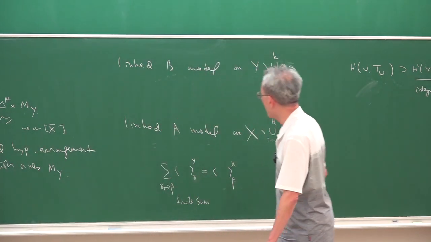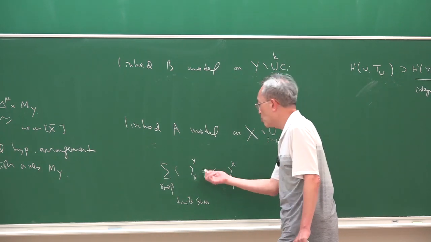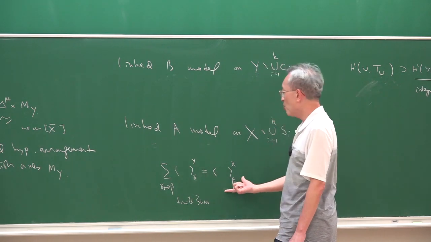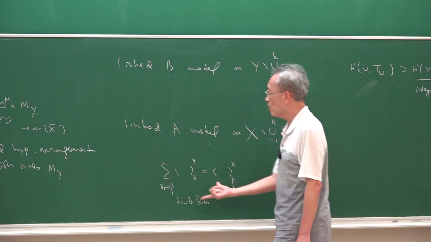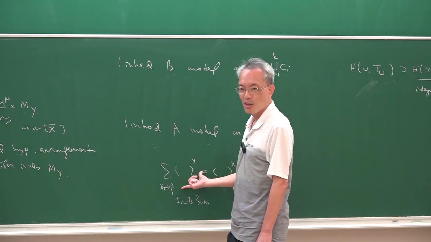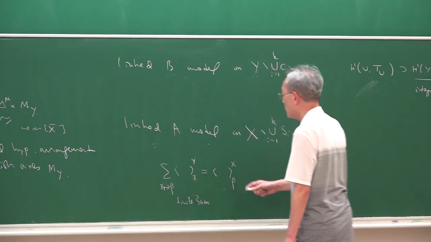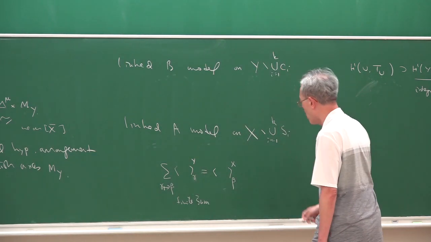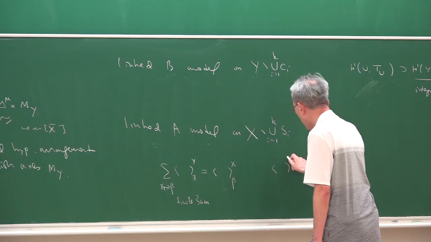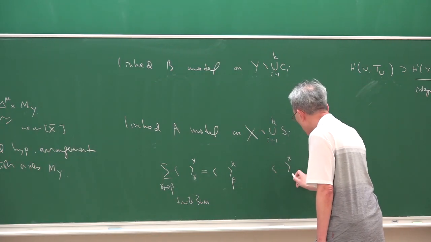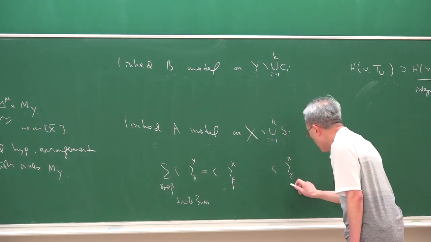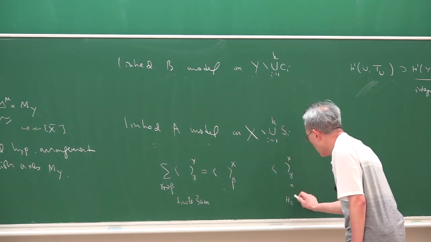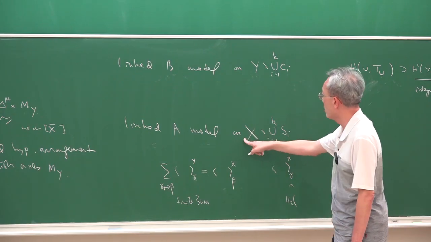But the difficult part is you want to recover this. You only know this. This is A model, the original A model. But you want to understand the A model of Y. Then the link invariance simply tell you, okay, you define the linking invariant gamma of X. And this gamma is a class of the second homology of this space.